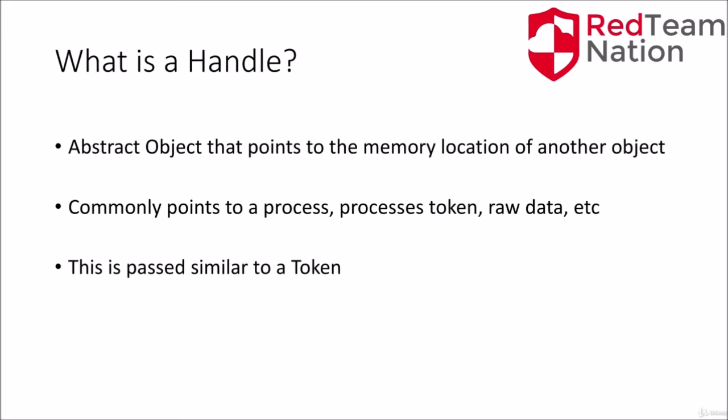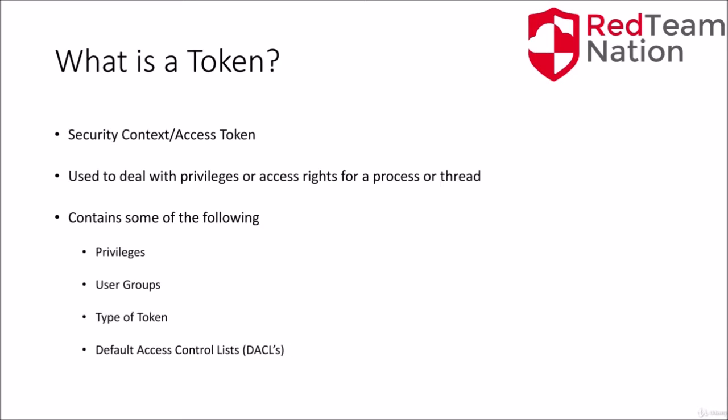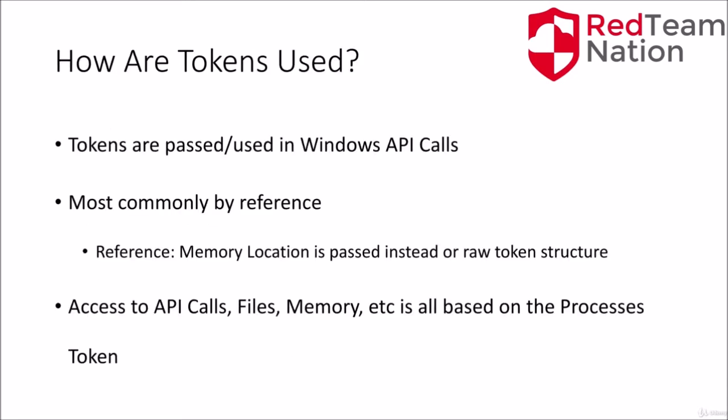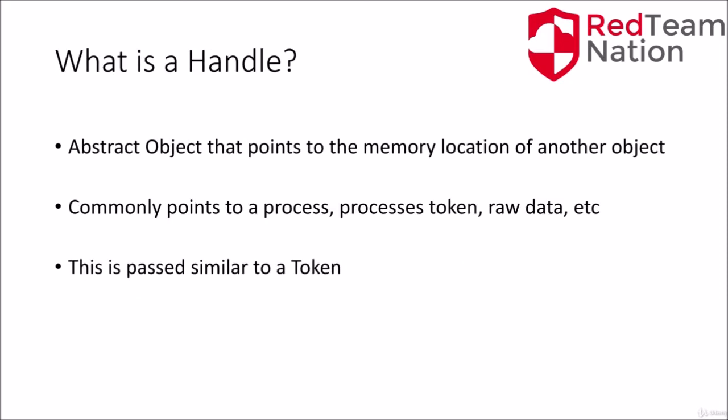So what is a handle? This is another bit of terminology that you're going to have to get your head wrapped around. So in Windows' case, it's an object that points to a memory location. So in this case, it is a pointer. So similar to how when we talked about tokens here, where I said you're passing by reference, essentially the bit of data in memory that holds that reference can be considered a handle.